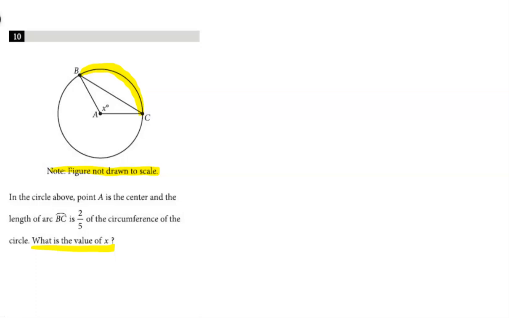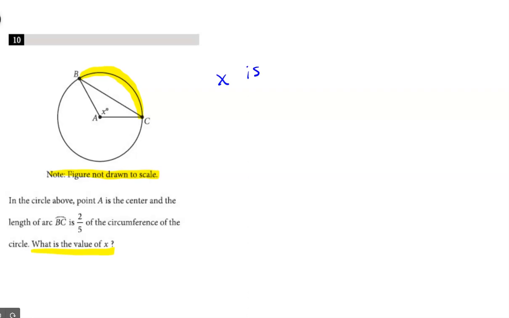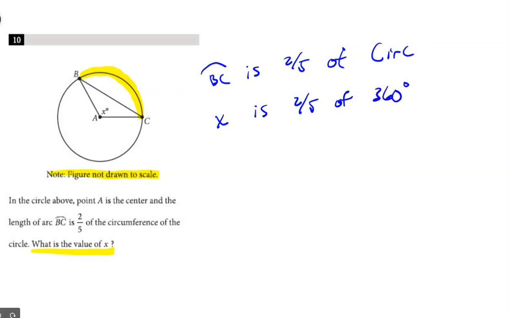Well, our key is, let me just write this differently. If arc BC is 2/5 of the circumference, then that means that x is 2/5 of the full degrees in the circle.